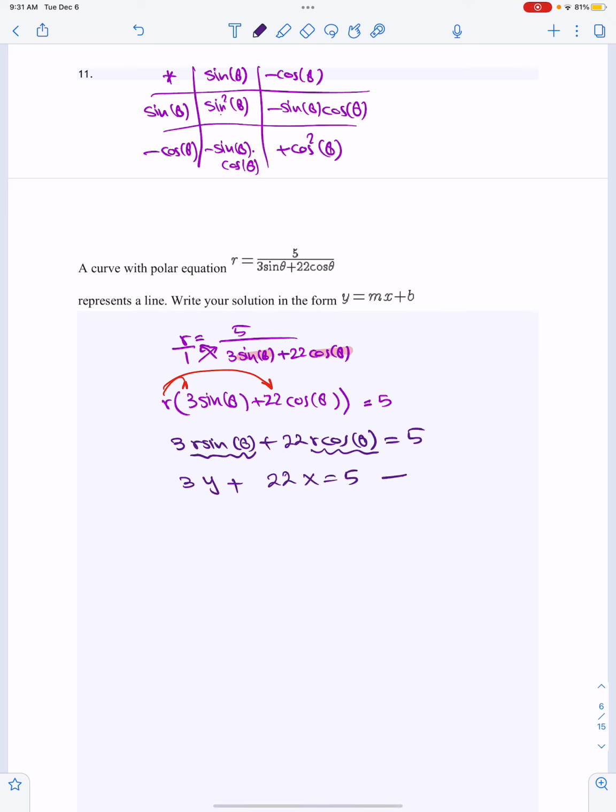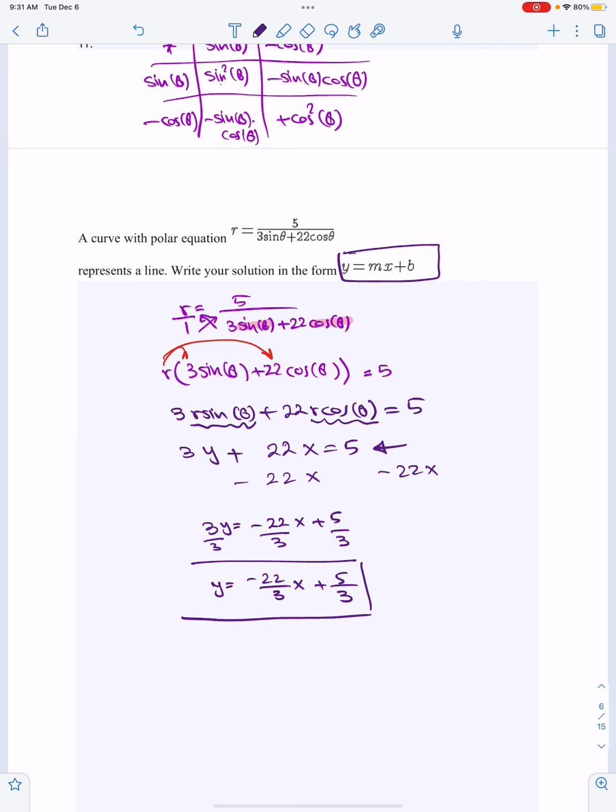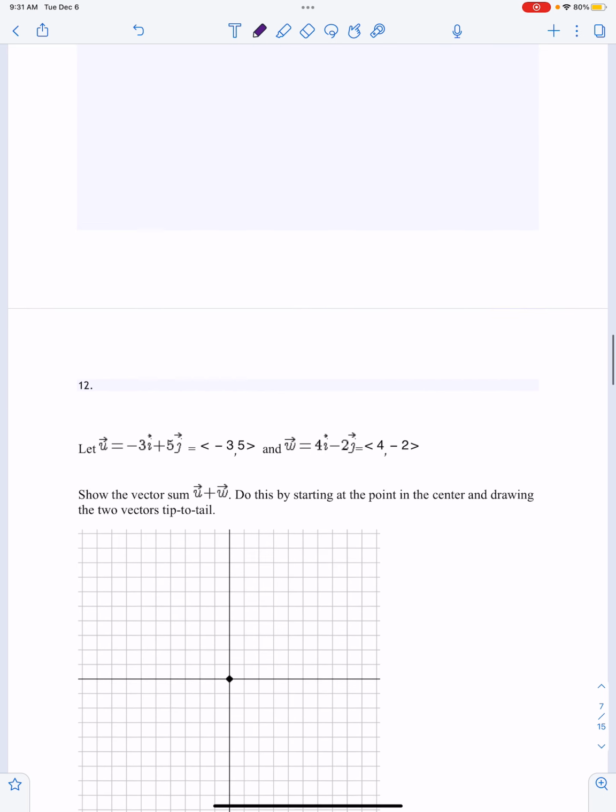You can leave it like this, but if you want to continue to put it in slope form, I'm going to solve for y. So I will subtract 22x from both sides of the equation. You will get 3y equals negative 22x plus 5. And then divide every term by 3. You get y equals negative 22 over 3 x plus 5 over 3. And that would be the final answer.